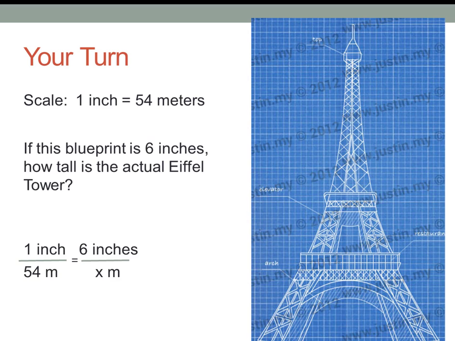So if I make those equivalent fractions, I will figure out what x is. Oh, I see a relationship, 1 inch to 6 inches. To go from 1 to 6, I multiply by 6. So now I'm going to do the same to the denominator. I'm going to multiply that by 6, and I get 324 meters. And that's how tall the Eiffel Tower is.